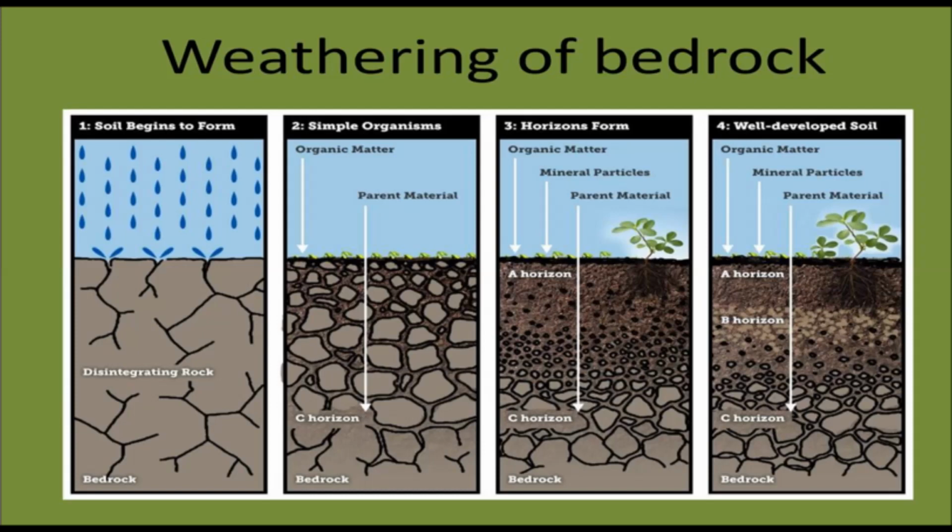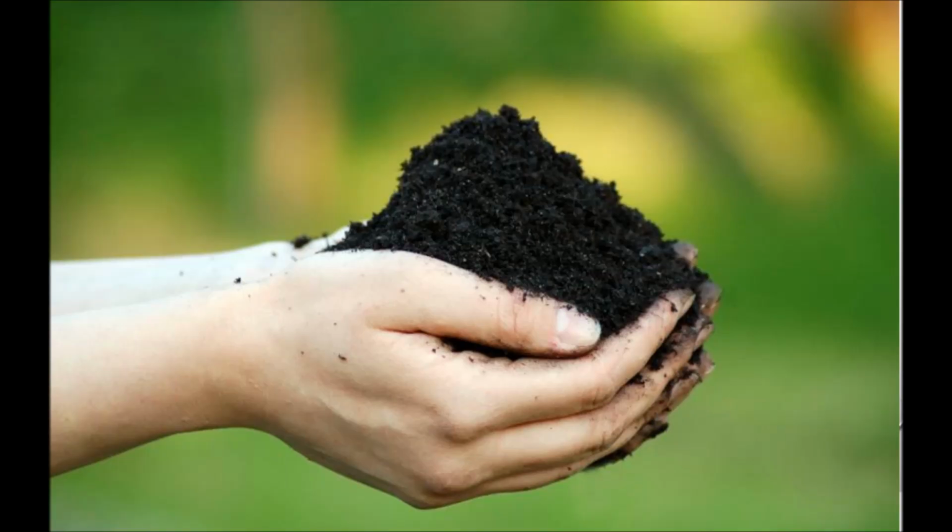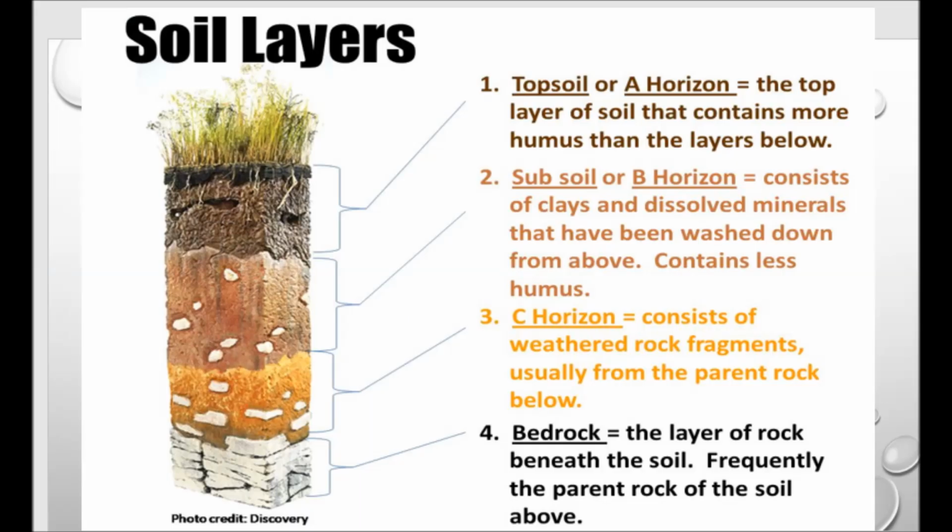The major factors of soil formation are the nature of the parent rock, that is, the kind of parent rock shows the kind of soil which will be formed when that parent rock gets broken due to temperature changes or action of water, wind, plants, animals, and man.